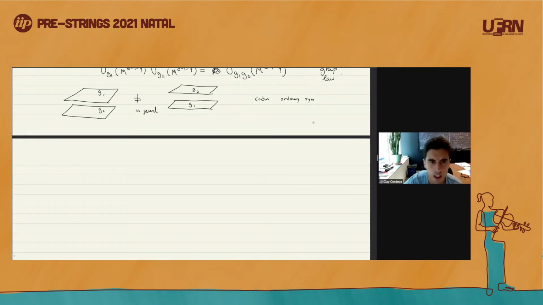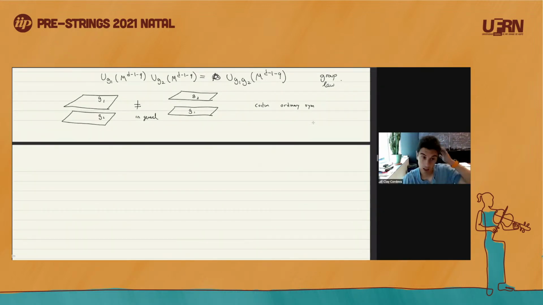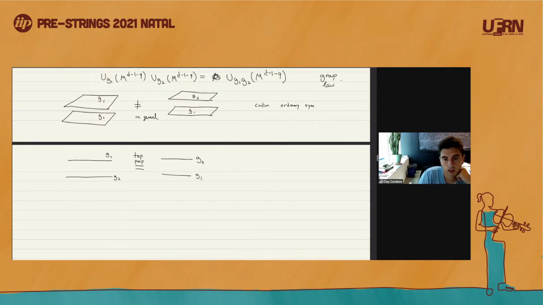Now let's imagine we're doing a one-form symmetry in 3 space-time dimensions. So D is 3, and now we have something of codimension 2. Here's G1 and here's G2. The topological property allows me to change their order, letting me come out of the page and move them around.